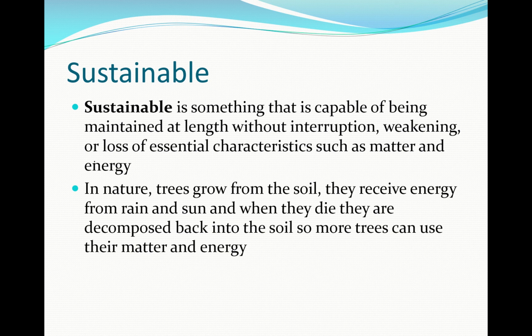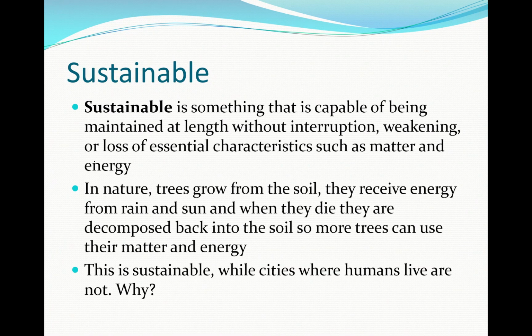They receive energy from rain and sun, and when they die, they're decomposed into the soil so that the trees can use their matter and energy, right? So that'll happen forever, because the sun will be shining for billions of years. It'll always rain, right? They'll recycle the energy. There's decomposers. This is super sustainable, right?